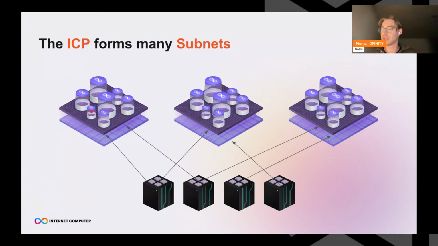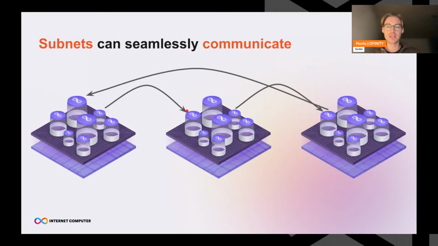This is a little bit, I think, what Ethereum had in mind when they wanted to implement sharding. I think they moved away from that, and now they have this layer 2 scaling solution, at least for now. But I think this is essentially very similar to that idea. And the cool thing about those subnets is that they can seamlessly communicate with each other. That, of course, also means that a smart contract, or what we call a canister, those are the containers that you see within the subnets, can communicate seamlessly across subnets.